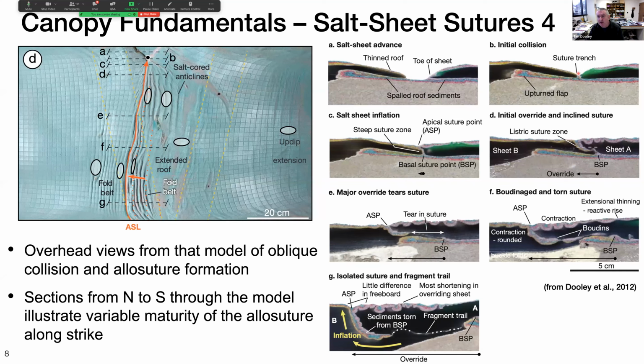There's just an upright suture here. Again, upright suture here, and then as we begin to override, we begin to tear that suture, and onwards until it becomes hard to trace that back up to our basal suture point. But we can obviously see our apical suture point here.